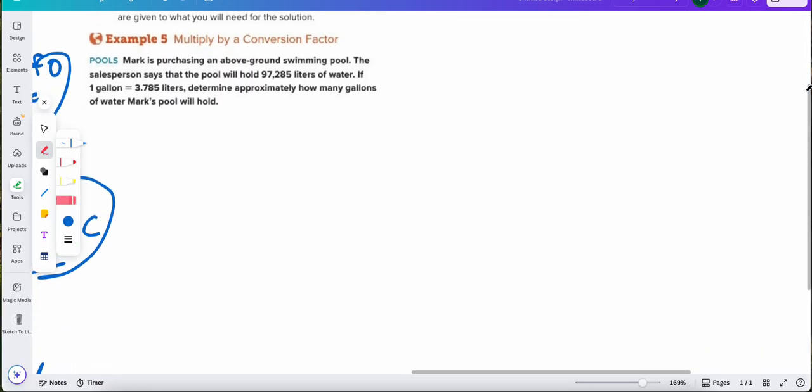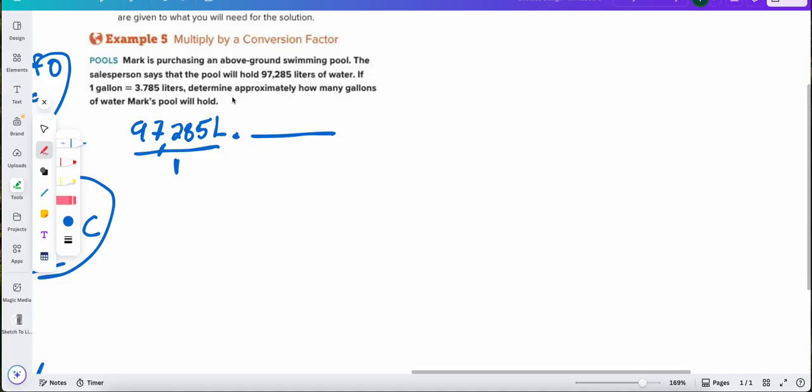One way is to write a conversion factor string of multiplication. So you would take the thing we're given, which in this case is 97,285 liters, and you would multiply by some fraction, because technically this number is over 1. Okay? We're trying to get gallons, so we want our units to cancel out.